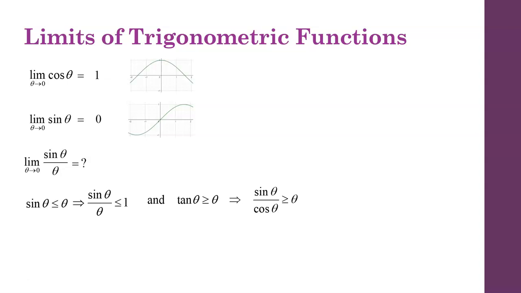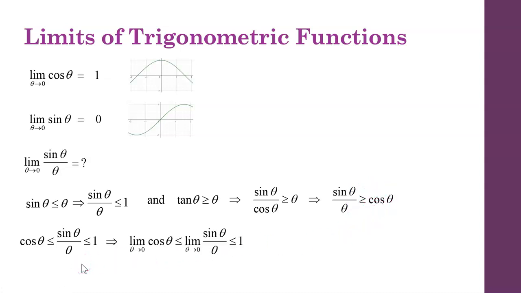And if sine over cosine is bigger than or equal to theta, that would imply that sine of theta divided by theta would be bigger than or equal to cosine, right? So cosine and theta could be switched. And that gives me the other part of my squeeze theorem. So now I know that sine of theta divided by theta is less than or equal to 1, and at the same time bigger than or equal to cosine of theta.